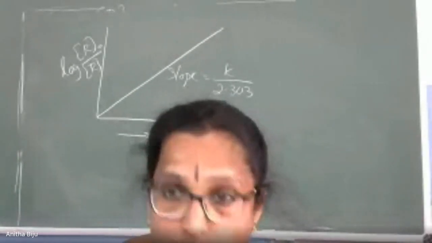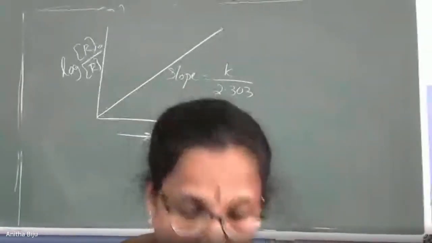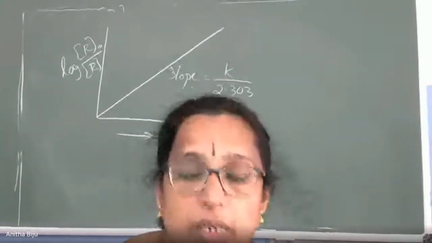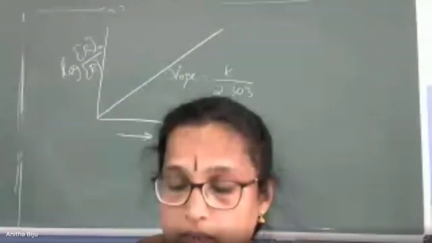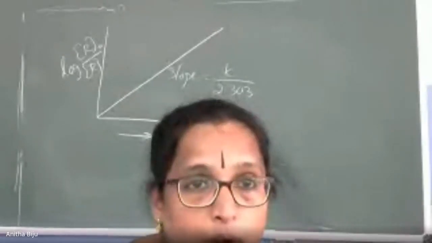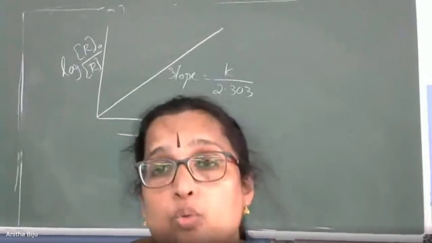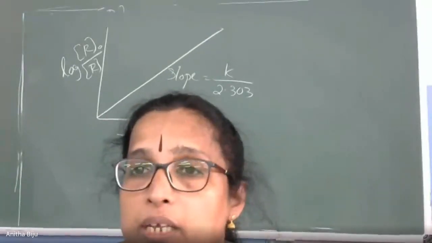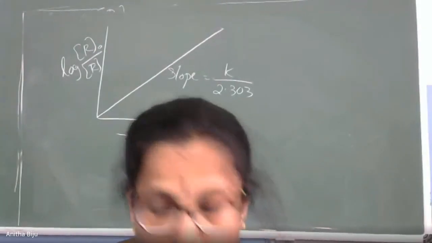How much time will it take to reduce the initial concentration of the reactant to its 1/16th value? That means the concentration is reduced: first it is R naught, then it is R naught by 16. Okay, this is the question.